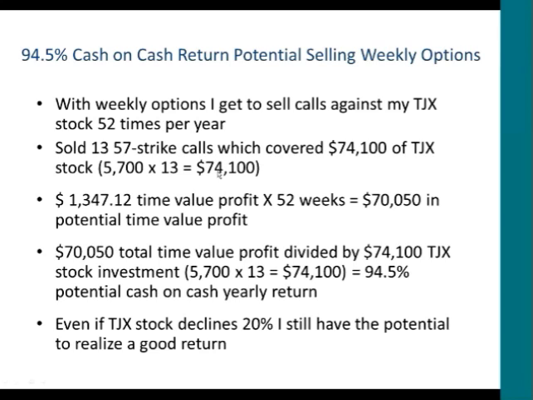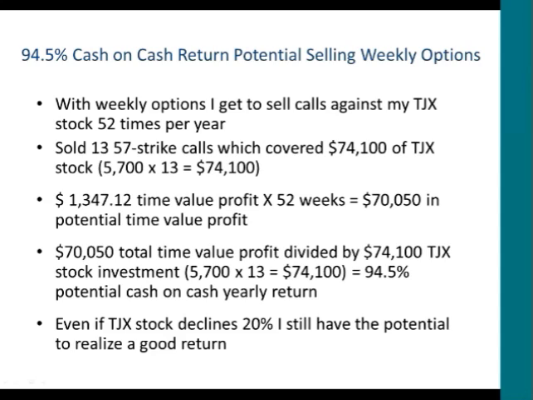So I try to match up the selling of the calls with the underlying stock, and I like to sell an equivalent dollar amount. Let's say that I was able to collect a similar time premium each week selling these call options.